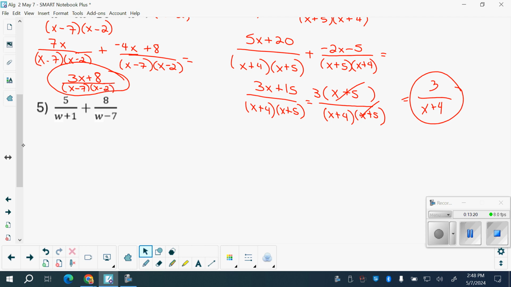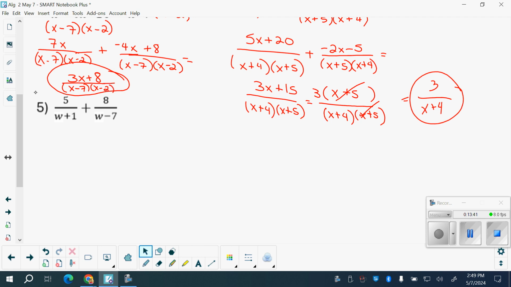Even if I multiplied it by 7, I would get, or -7, -7w minus 7. That would not be the same. So what did we do on the warm-up when one denominator was 10 and one was 7? What was the common denominator? 70. So we had to multiply them together. So that's what we have to do here.